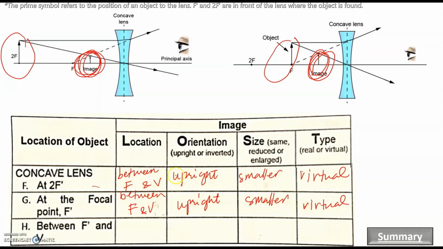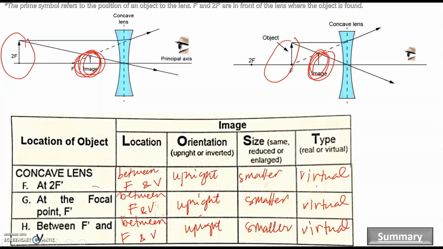So notice that at 2F and at the focal point, the LOST, the description of this image in terms of location, orientation, size, and type is actually the same. And that goes true for letter H when the object is placed between F and V. So we can just write here: image between F and V, upright, smaller, and at the same time virtual.